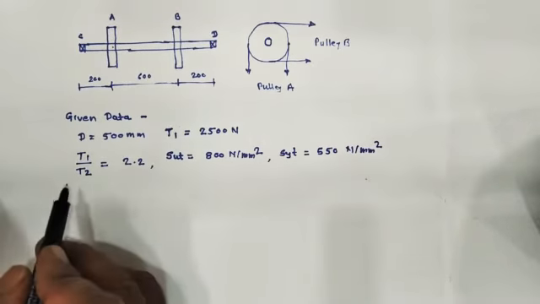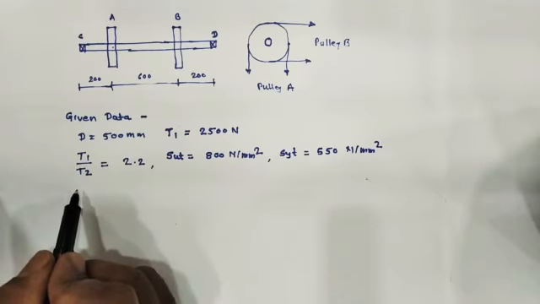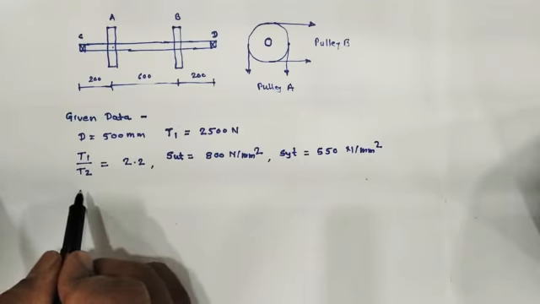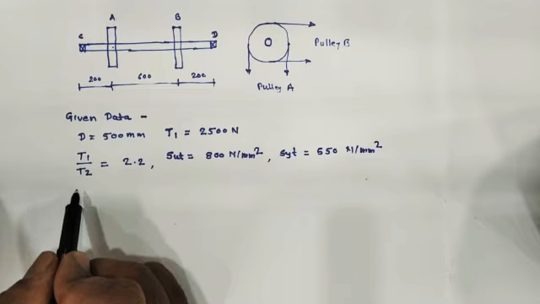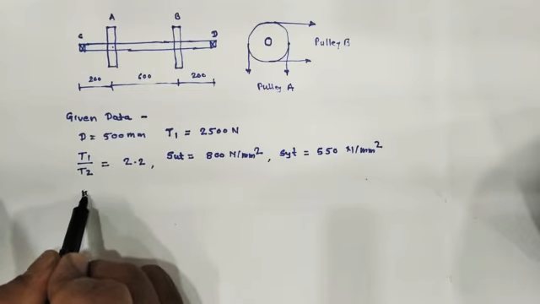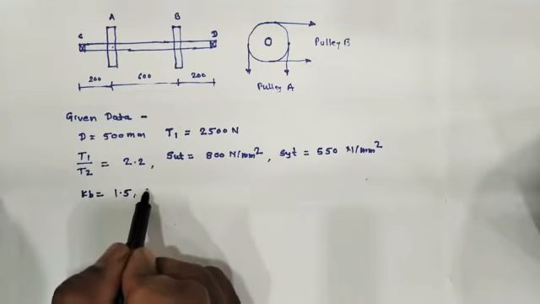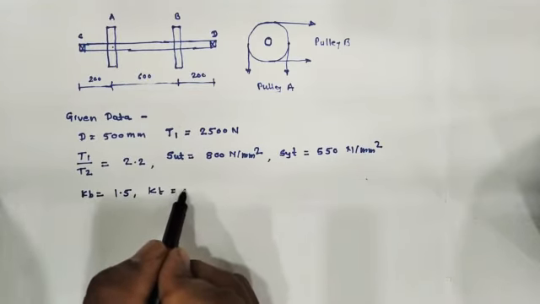In addition to that, we have to design the given shaft according to the ASME code. According to the ASME code design, the combined shock and fatigue factor in bending and twisting is given as KB is equal to 1.5 and KT is equal to 1.